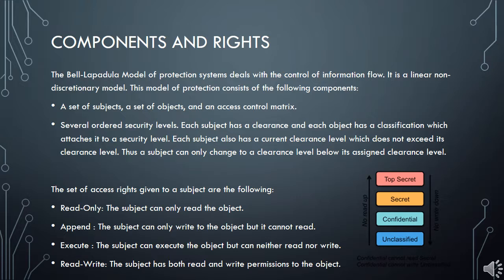So the bottom items cannot read up to the top items, and the top items cannot write down to the bottom items. For example, confidential can't read secret, and confidential can't write unclassified.